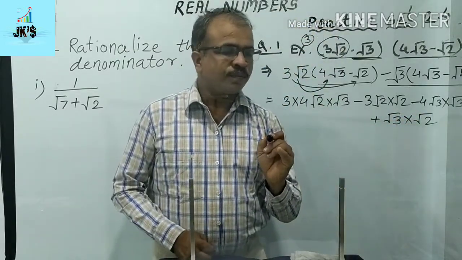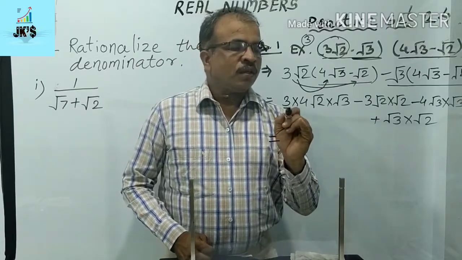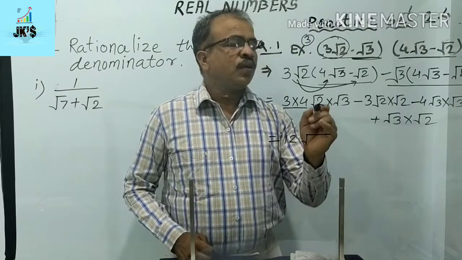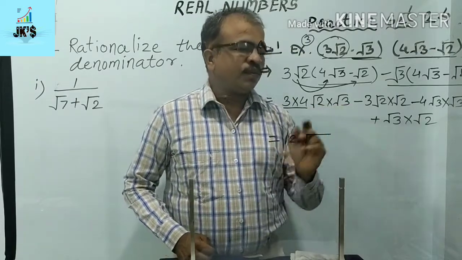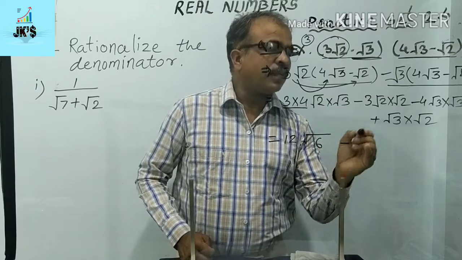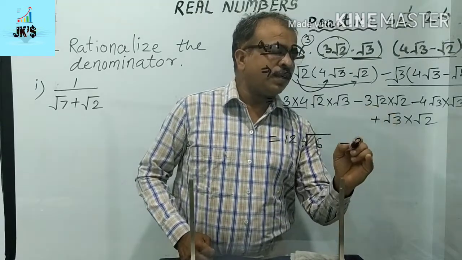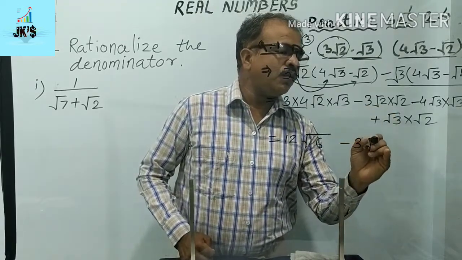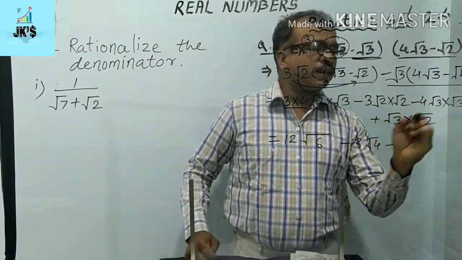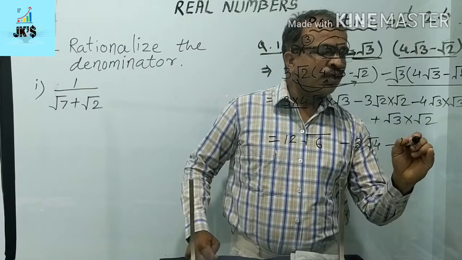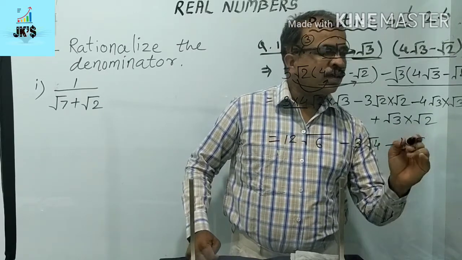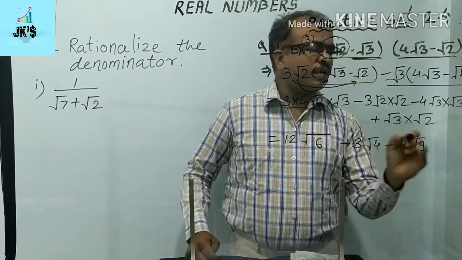What happened? 3 fours are 12, under root 2 into 3, 2 threes are 6. Minus 3 ones are 3, √2 into √2, root 4. Minus 4 ones are 4, √3 into √3, root 9.